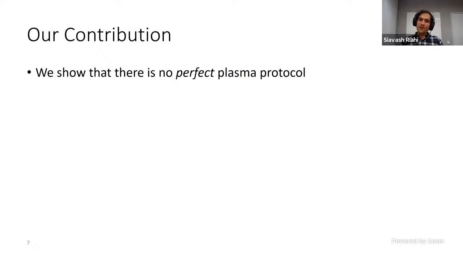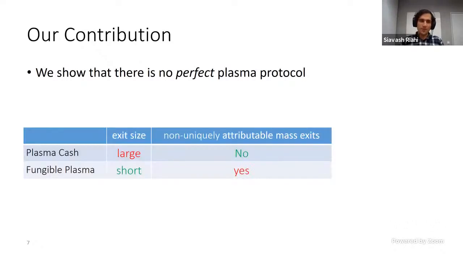We show that there is no perfect plasma protocol out there. More specifically, we show that either protocols fall under a situation like plasma cash, where exiting assets from the plasma system to the blockchain requires huge communication with the blockchain, or we are in a situation like fungible plasma, where the system suffers from a phenomenon called non-uniquely attributable mass exits.